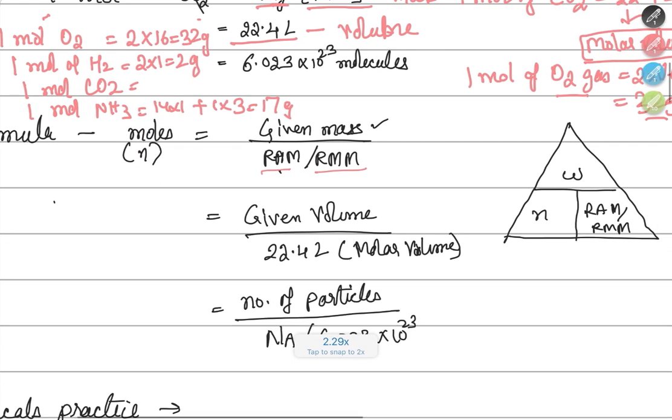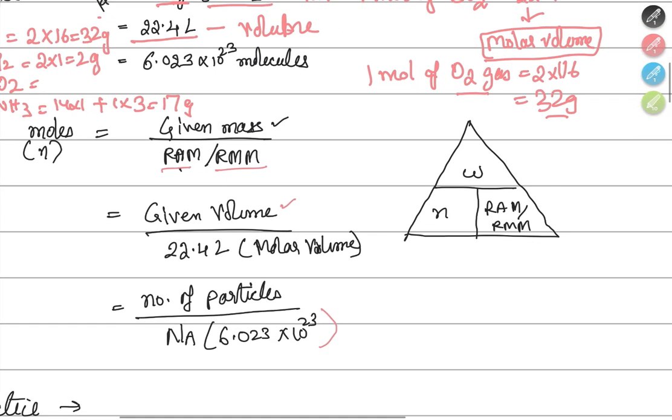Similarly, in terms of volume, it is the given volume divided by the standard volume, which is molar volume. Or in terms of particles, the number of particles divided by the standard number of molecules, which is the Avogadro number.